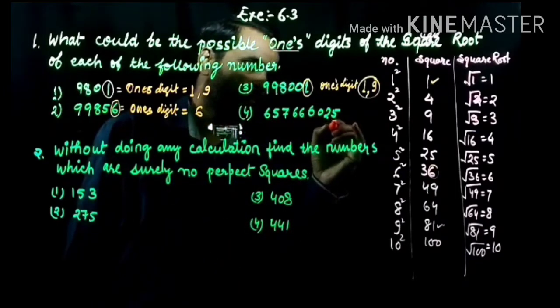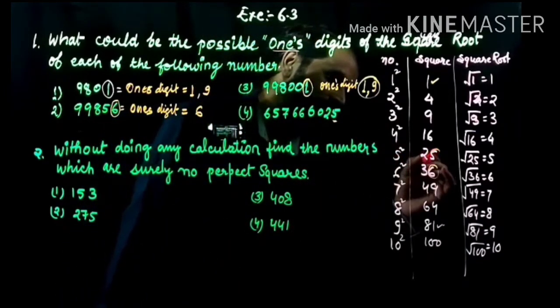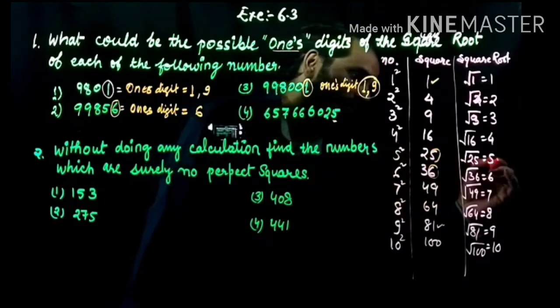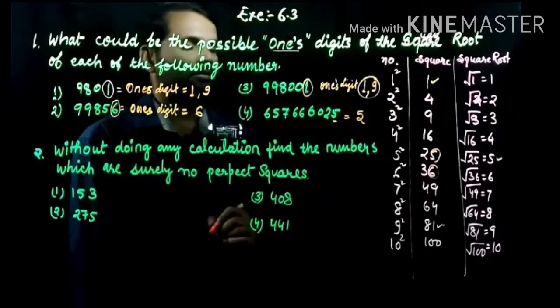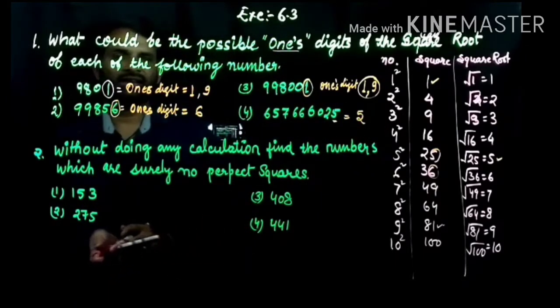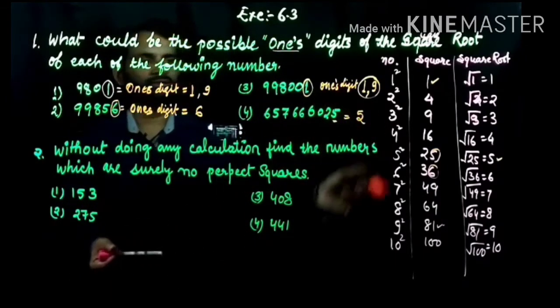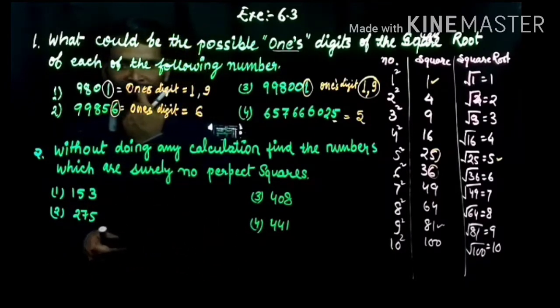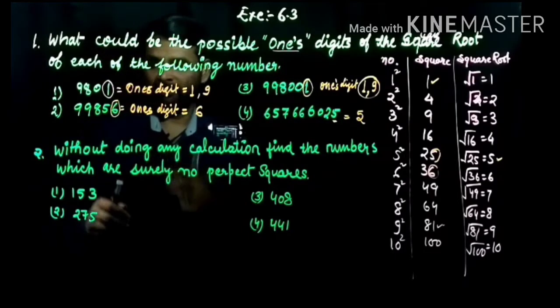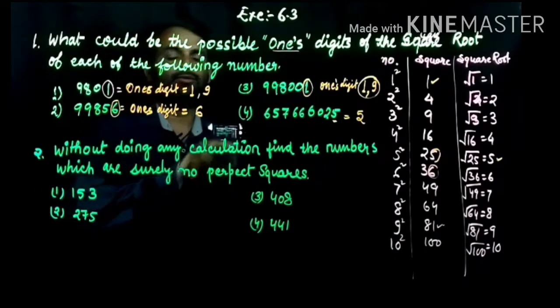Only one digit squares to 5, the square root is 5, so the answer is 5. Without any calculation, according to this table you find the unit digit of the given number.